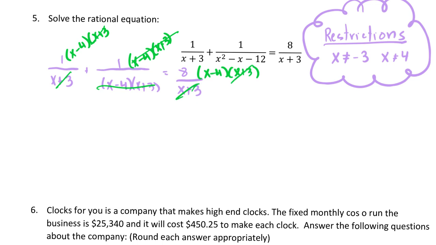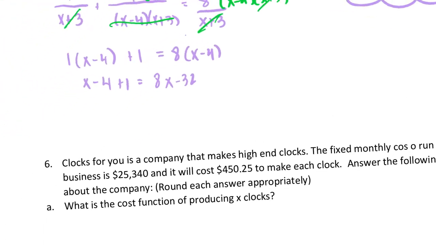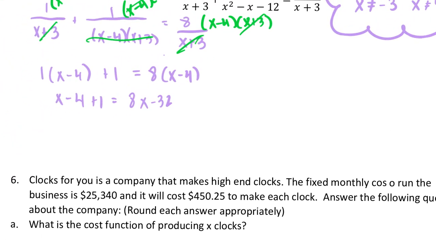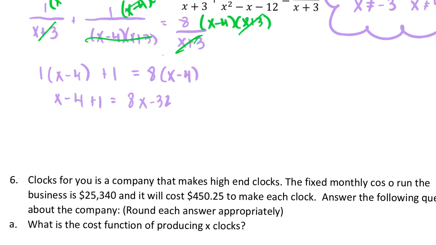Okay, so here I have 1 times x minus 4 plus 1 equals 8 times x minus 4. Okay, so we have x minus 4 plus 1 equals 8x minus 32. Then from here, I'm going to combine like terms.